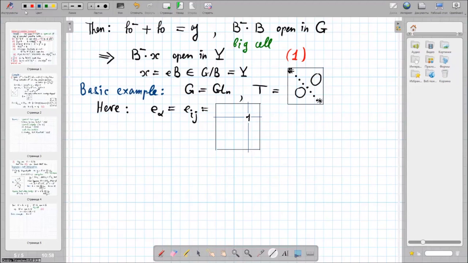A matrix which has a unit on the ith row and jth column, and zeros on other entries.